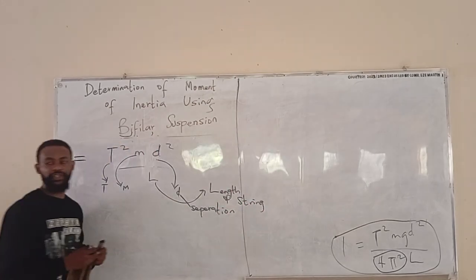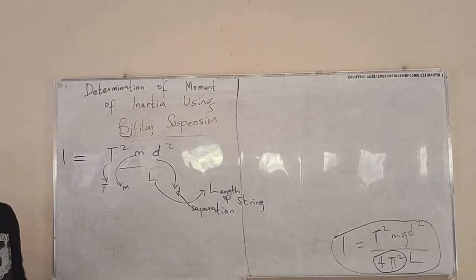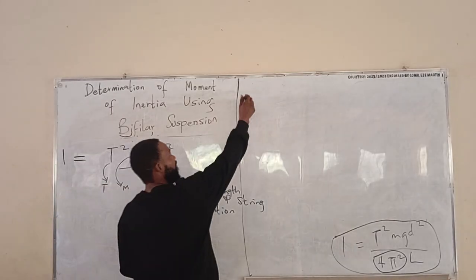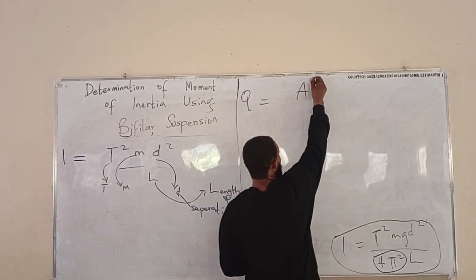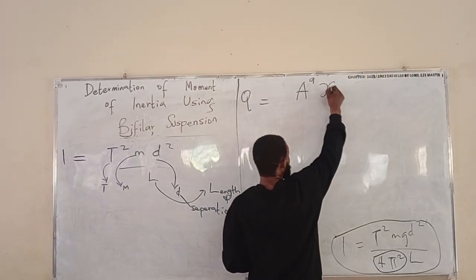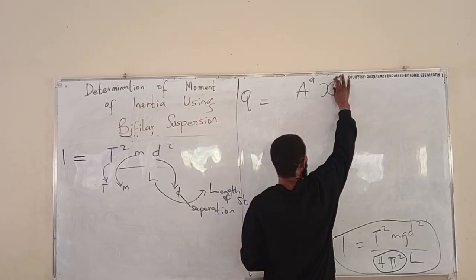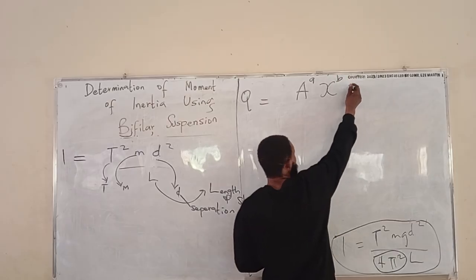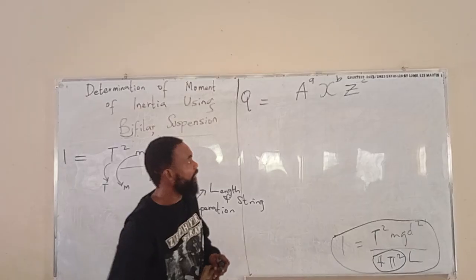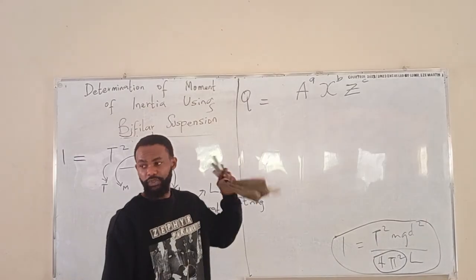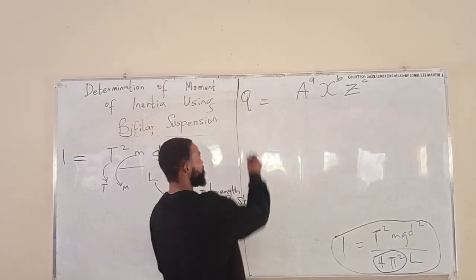Please note, you can write in your notebook: for any quantity, let's say Q equals to A raised to power a, times X raised to power b, times Z raised to power c. To find the error, this is the formula you're using.